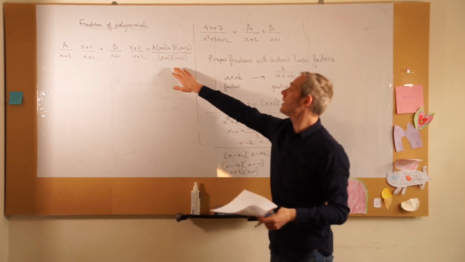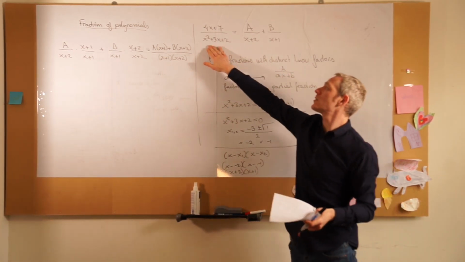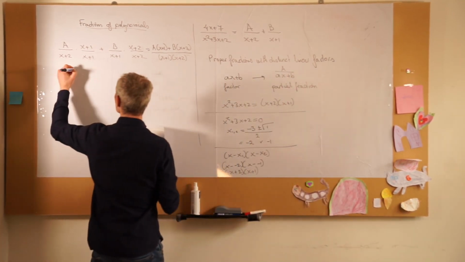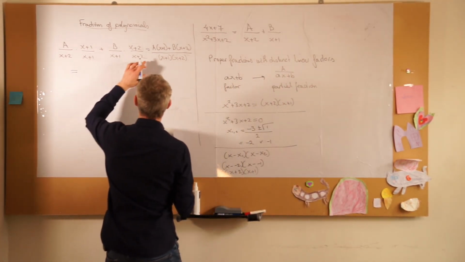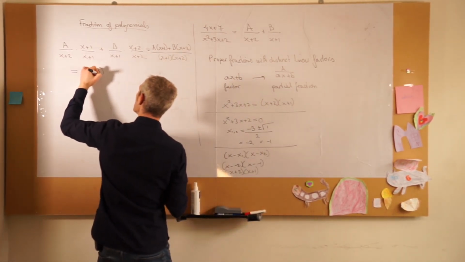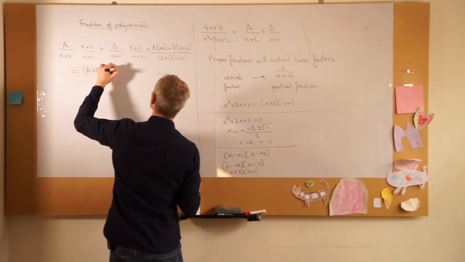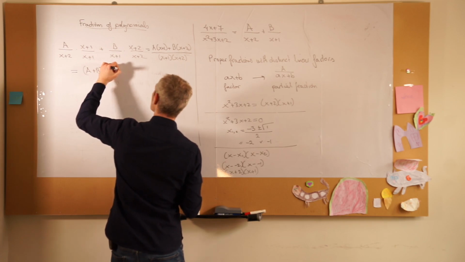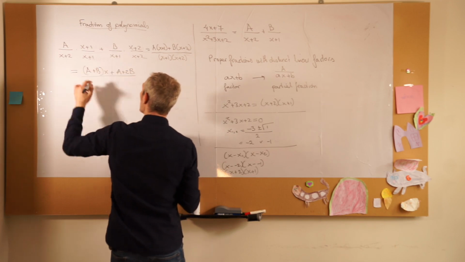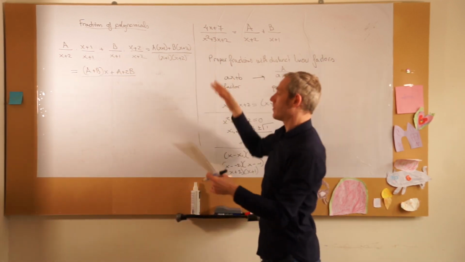And we already know that x plus 1 times x plus 2 is x squared plus 3x plus 2. So rewriting this a little bit more, we have a plus b times x plus a plus 2b, over that denominator, which is x squared plus 3x plus 2.